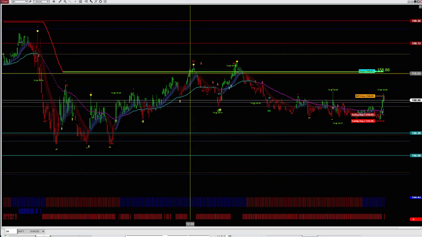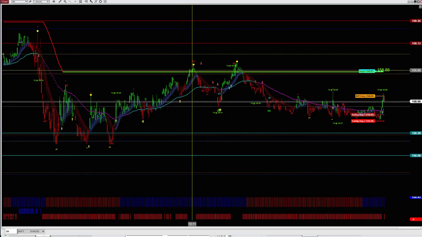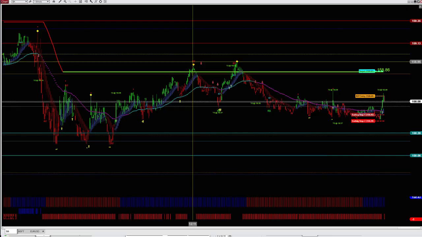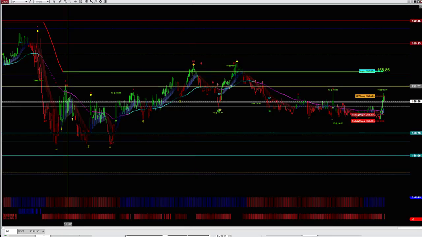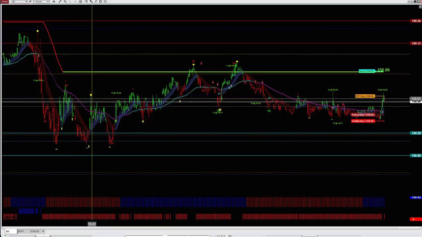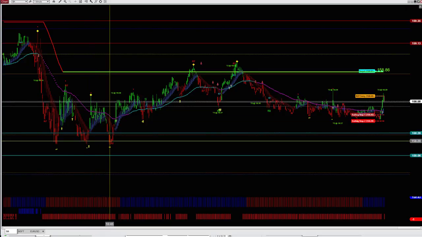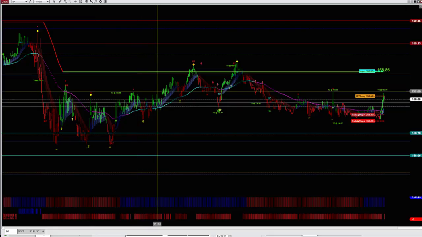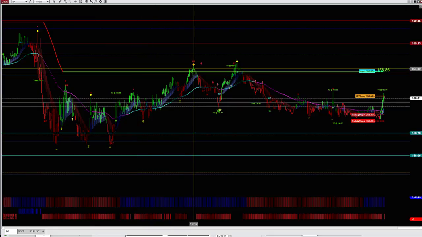This is our true average price, followed by the reversal. Look, here we have a reversal, came into the support line, came back to the reversal, came back to the support line, and finally broke it to the true average price at the R7 here, at 158.85.